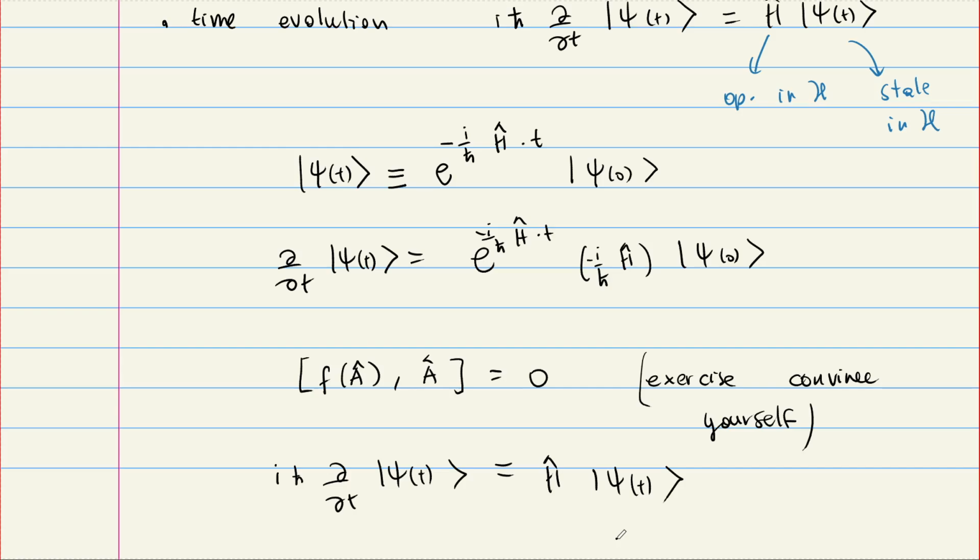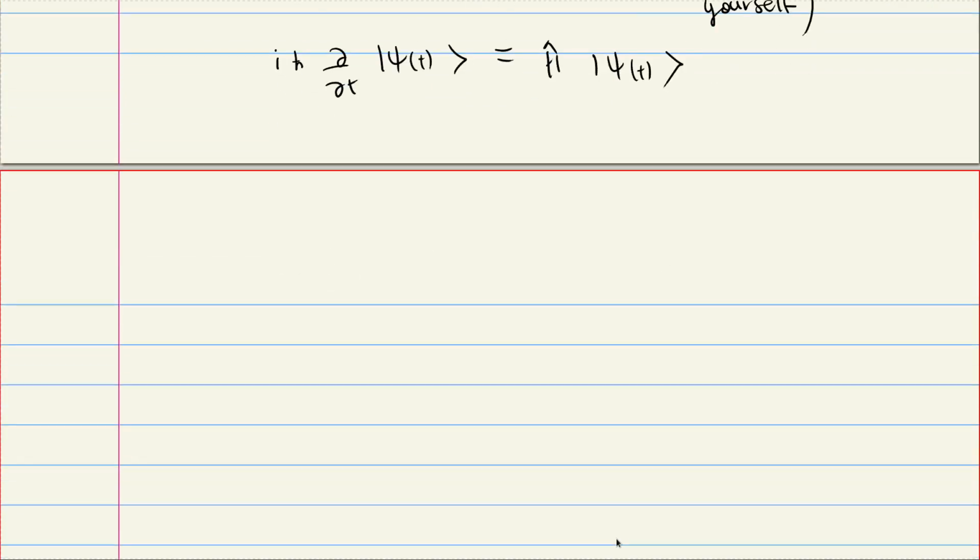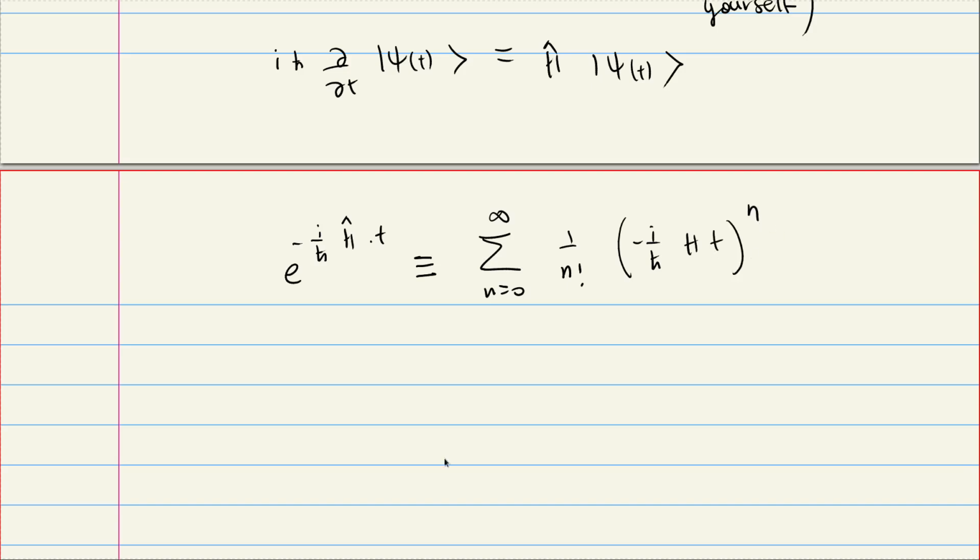Good. And okay, let me say one last thing and then finish there. Any function of an operator, we think of as a power series so that we can apply them one by one. What I mean is e to the minus i over ħ H t, this formal thing, is by definition the sum from n equals 0 to infinity of 1 over n factorial times (minus i over ħ H t) to the power n.